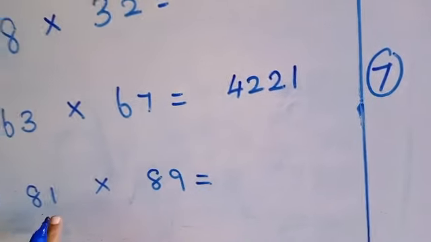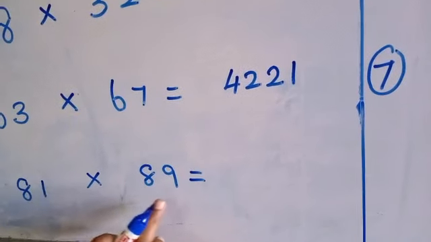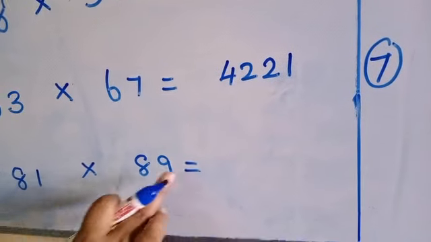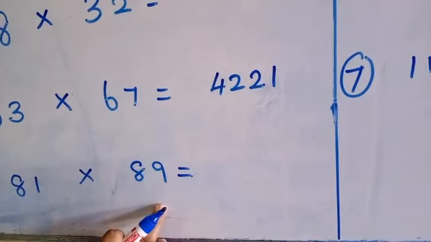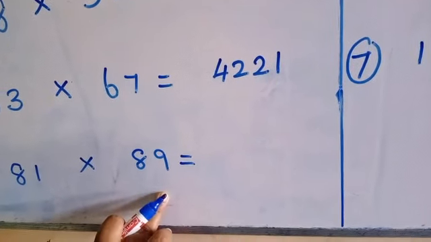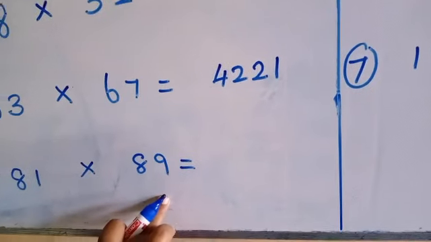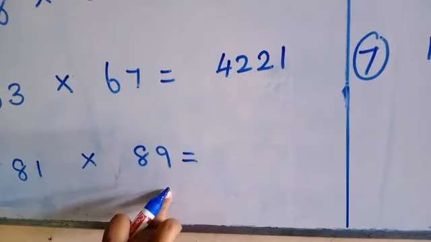Fourth sum: 81 into 89. The last digits are 1 and 9. 1 into 9 will be 9, but you must write 09. Why?